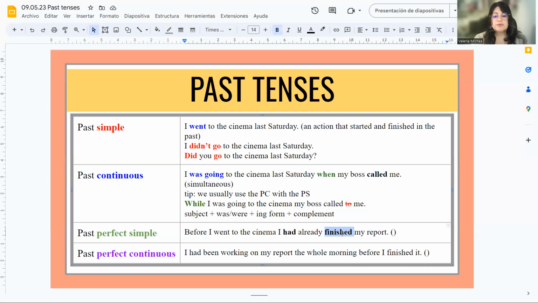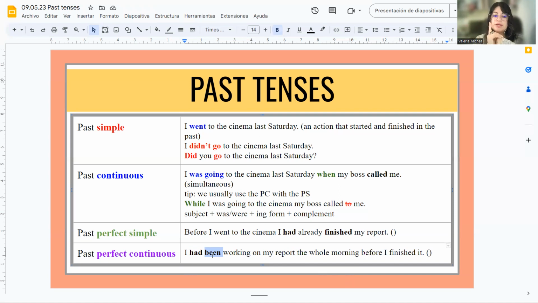Then we have the past perfect continuous, which can also go with the connector before and for the same reason. And it is built with the auxiliary verb had, the same auxiliary verb, but here we need the participle form of the verb to be, right? So it's been. Present form of the verb to be is am, is, are. A past form was, were, participle been.